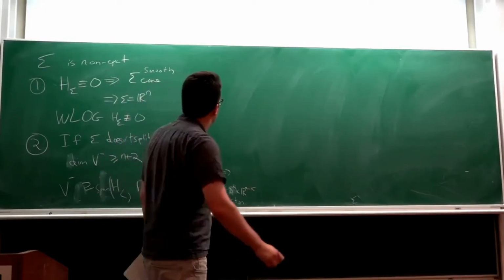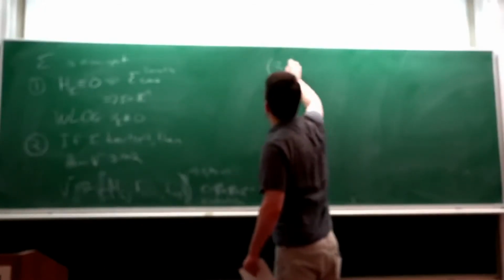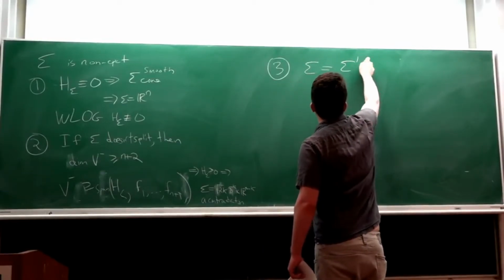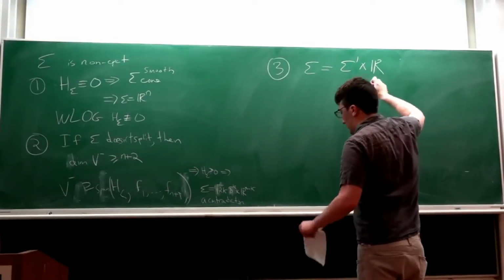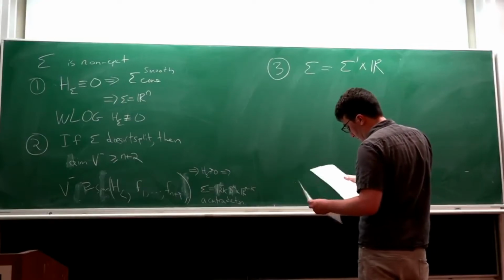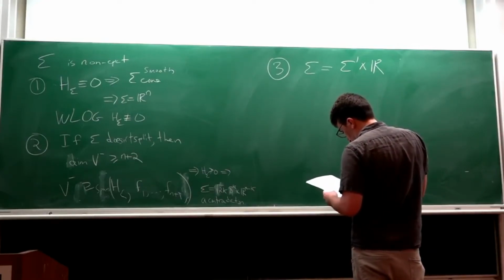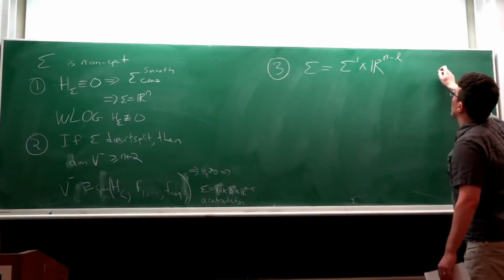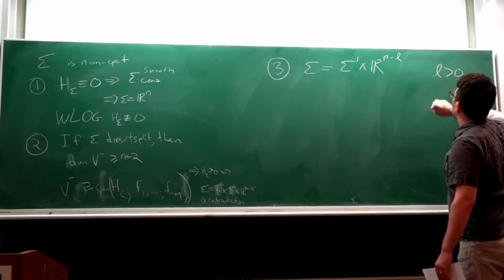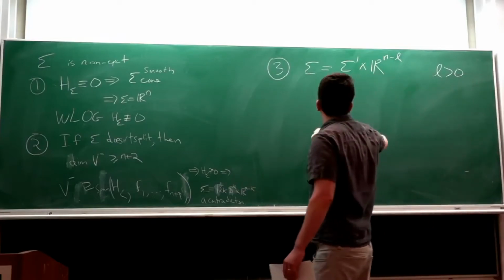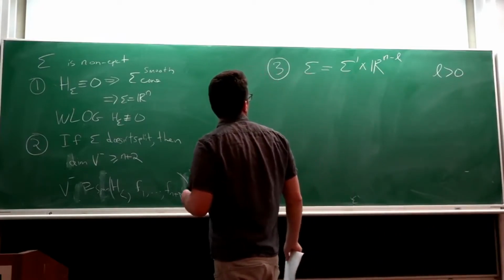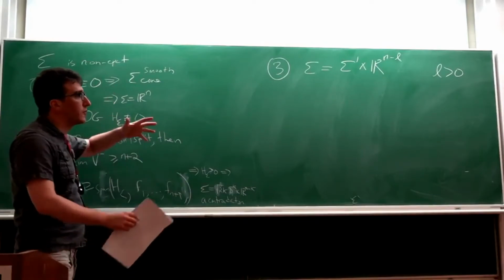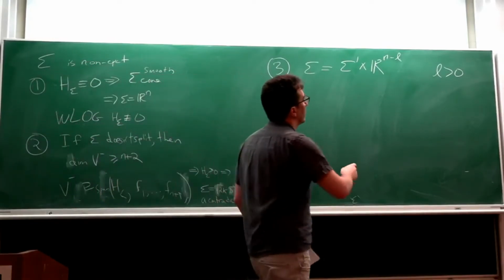Okay, so now, in case 3, suppose sigma splits as sigma prime cross R to the n minus l, and here we assume l is strictly positive, since if l was actually 0, then we would be in the previous case. So sigma prime is non-trivial otherwise.